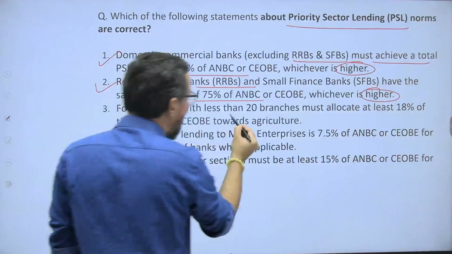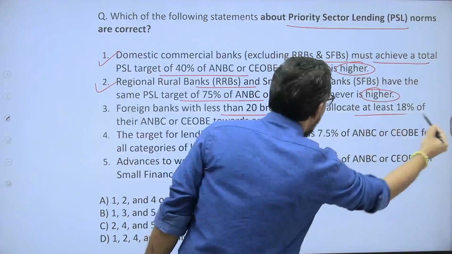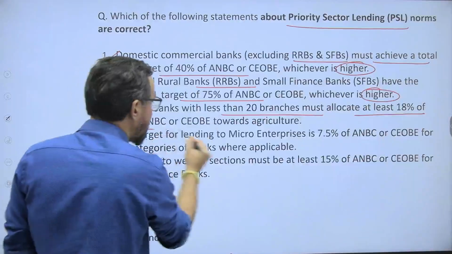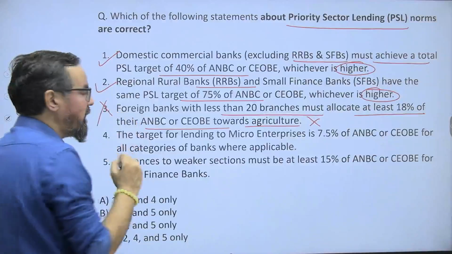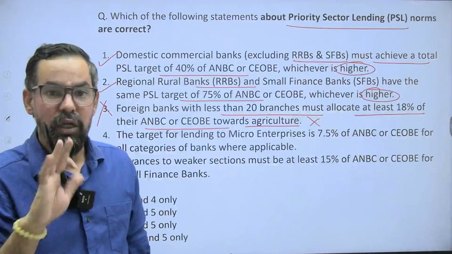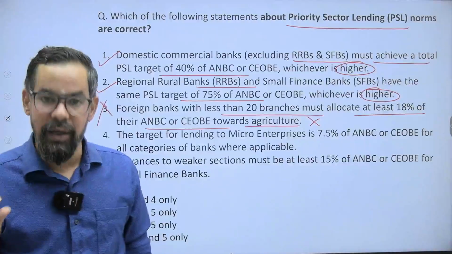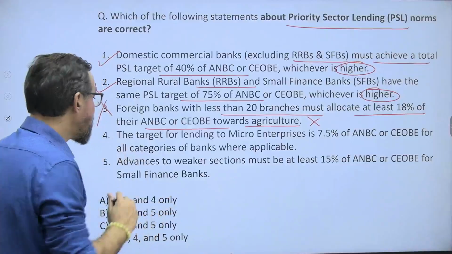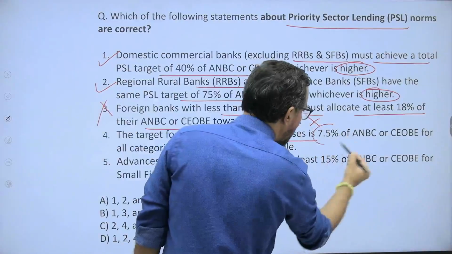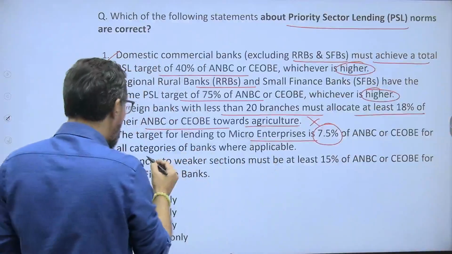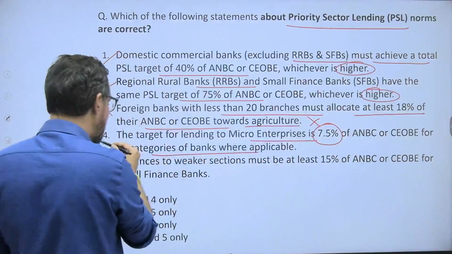Foreign banks with less than 20 branches must allocate 18% of their ANBC or COB toward agriculture. No, this is wrong. Foreign banks with less than 20 branches do not have these sub-category targets. The target for lending to MSME, 7.5% of ANBC and COB, is applicable to all categories here, right?